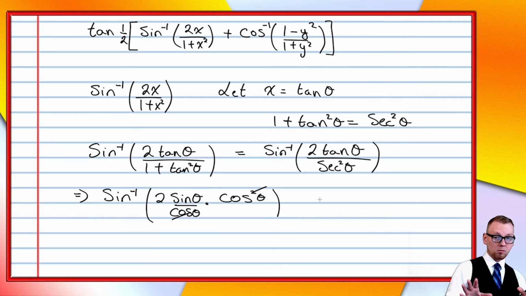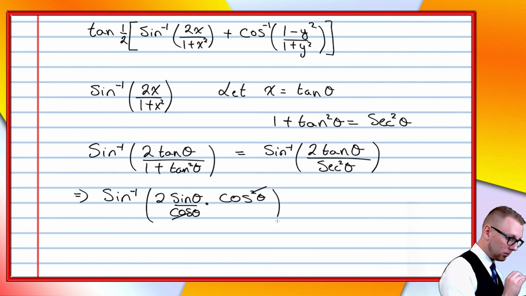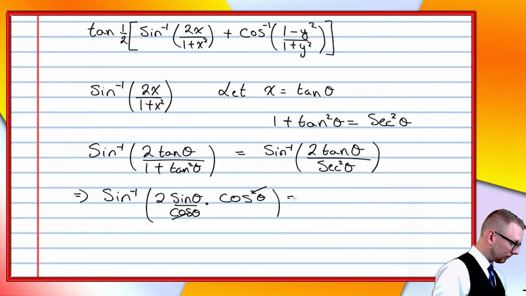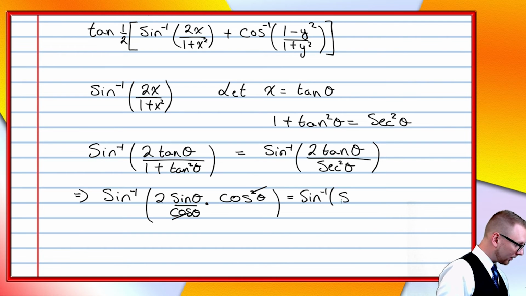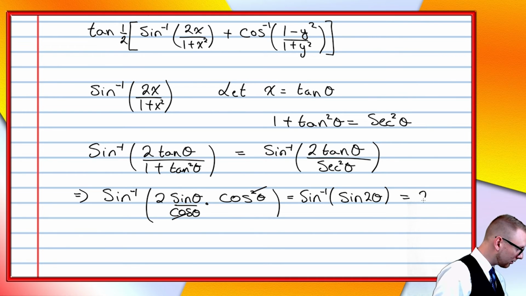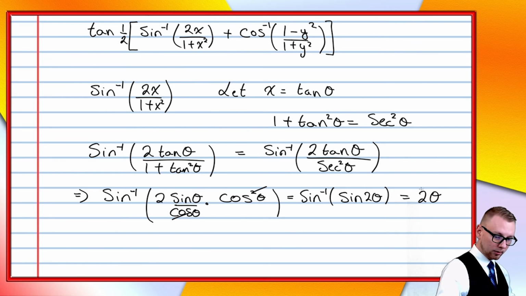We've got 2 sine theta cos theta. Well, that's sine of 2 theta. So we've got sine inverse of sine of 2 theta. Holy cow, simplified again. This equals 2 times theta. Okay, we're going to remember this for later.